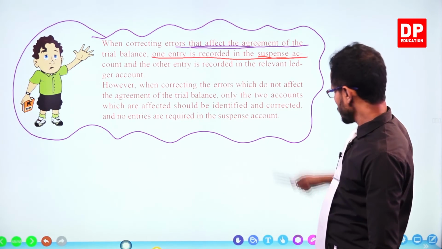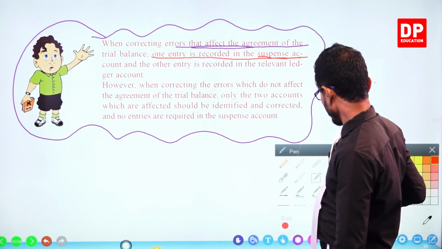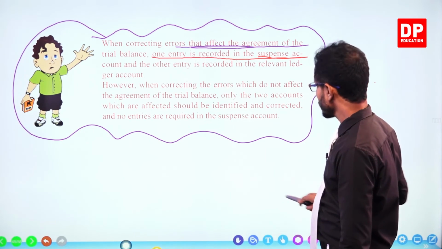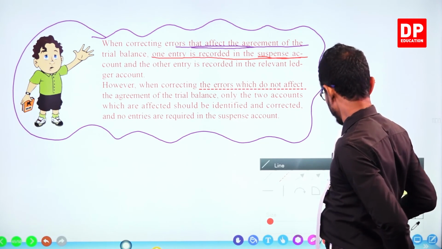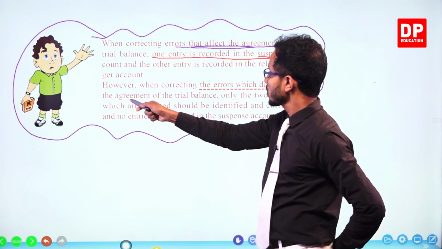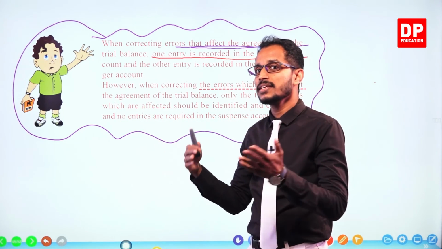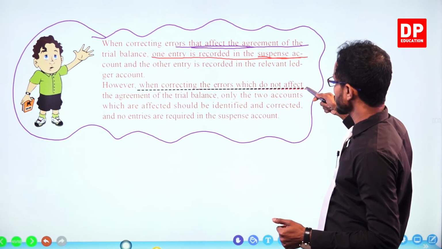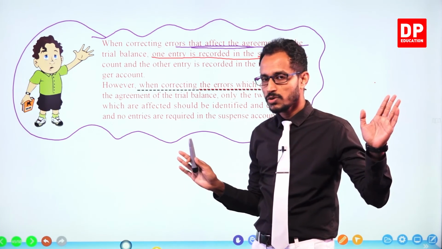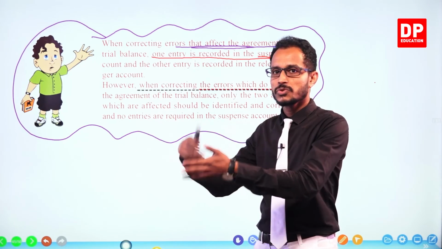However, when correcting errors which do not affect the trial balance, there is no need to enter entries to the suspense account, because of these errors there has been no shortage in the trial balance, and nothing has been transferred to the suspense account.